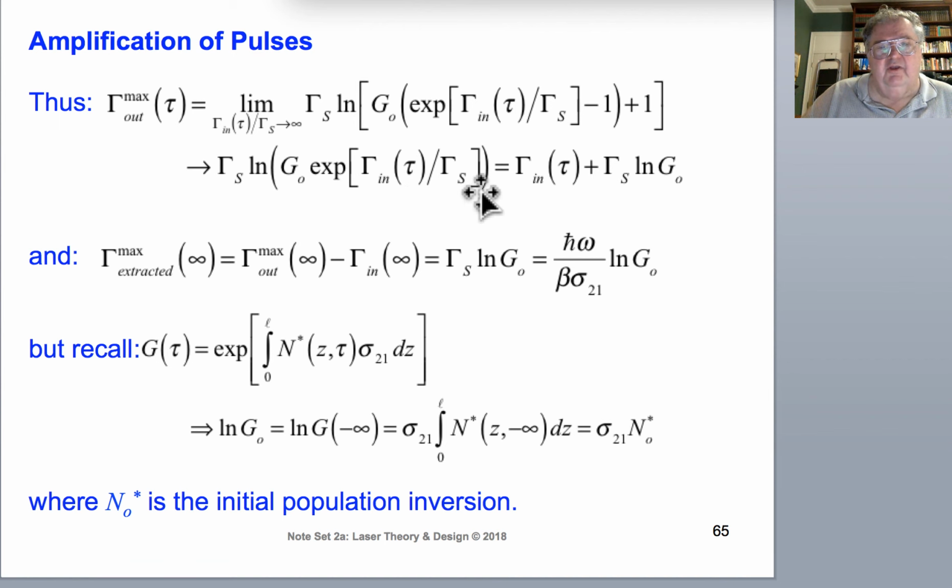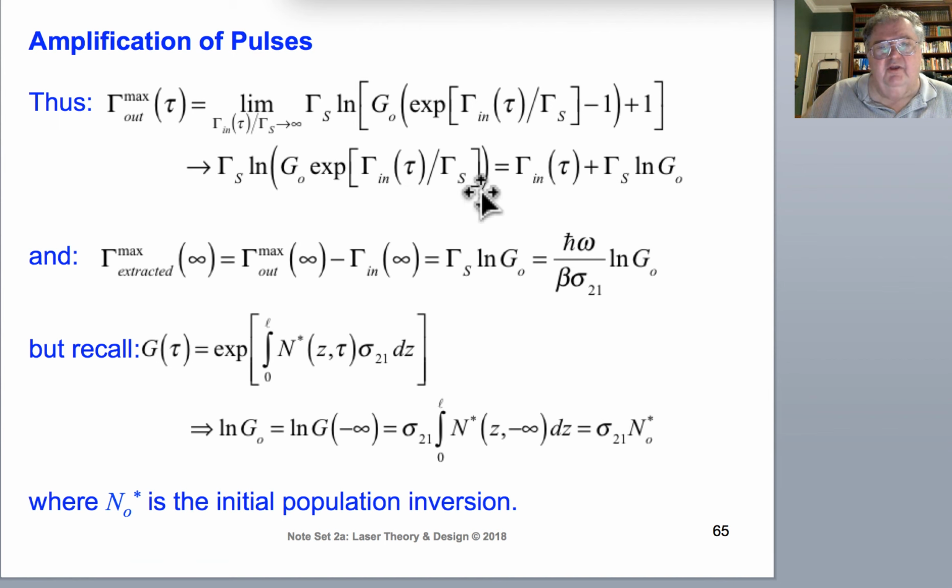So after I let this sit for a long time, I get the maximum extracted energy. What's that going to be? It's going to be the energy I get out minus the energy I put in, okay? And the energy I put in, that's the input fluence that we found, this result right here.